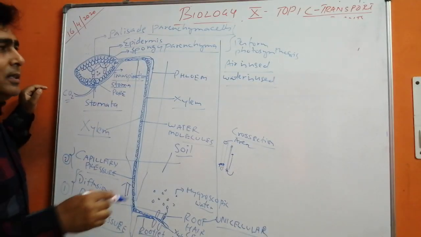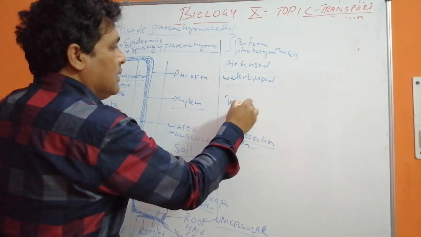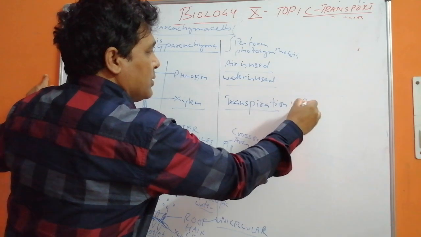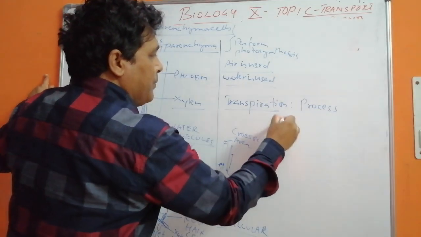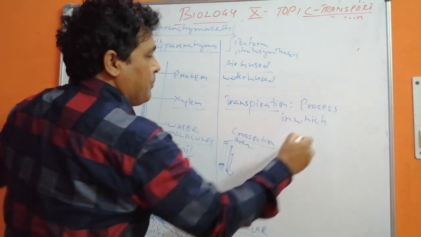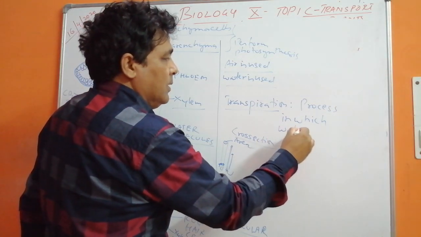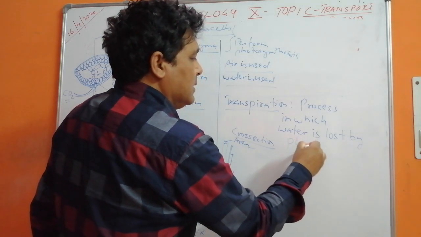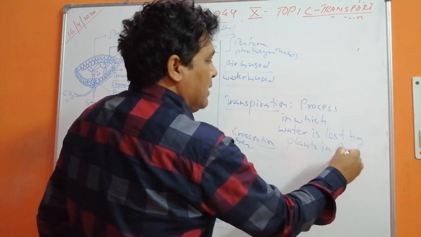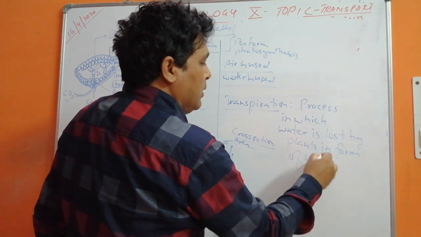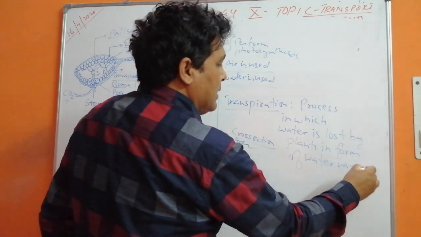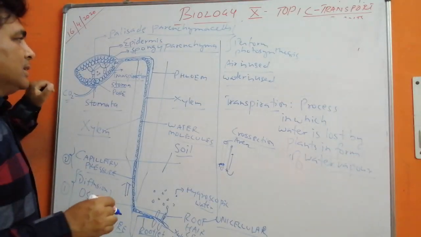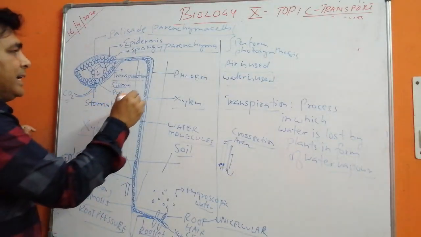What is transpiration? Transpiration is the process in which water is lost by plants in the form of water vapor. So due to the transpiration process, there is a pull which is created.